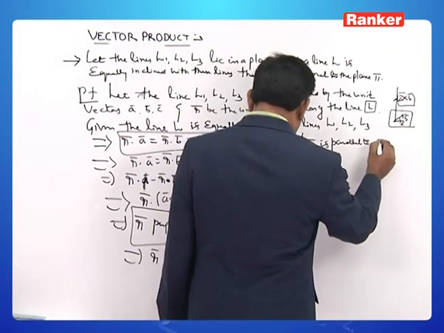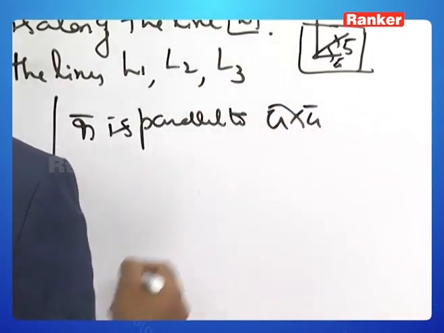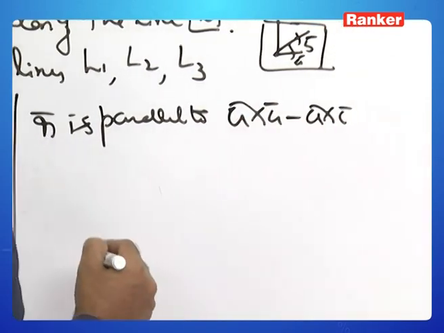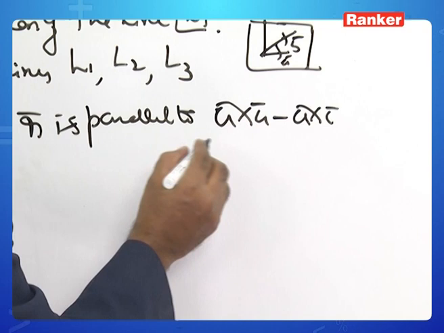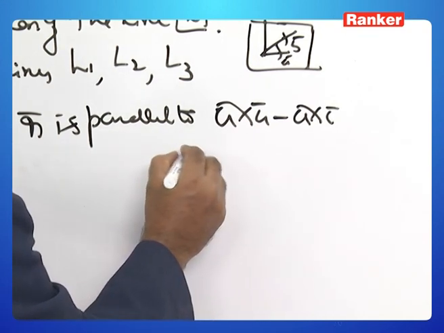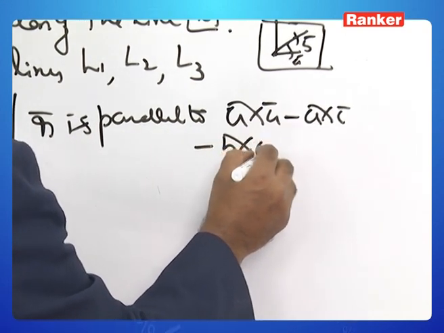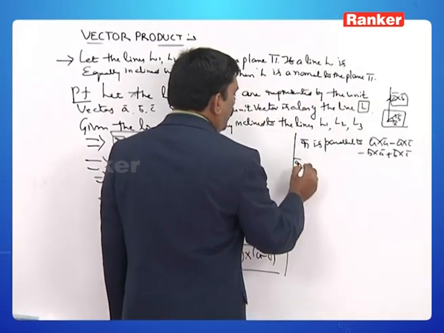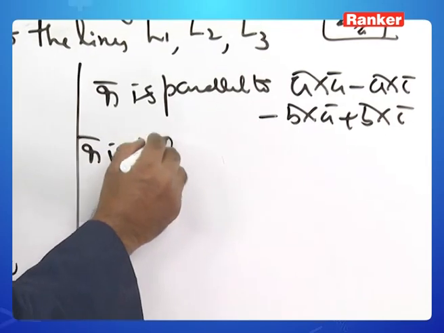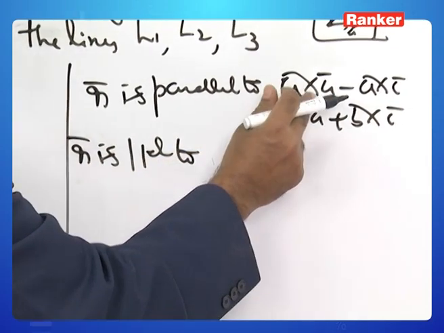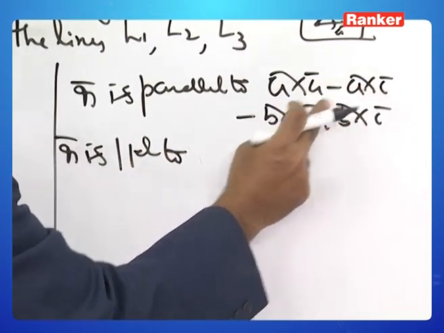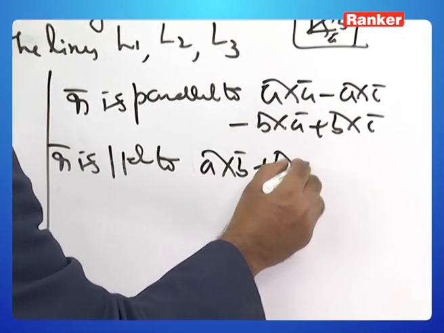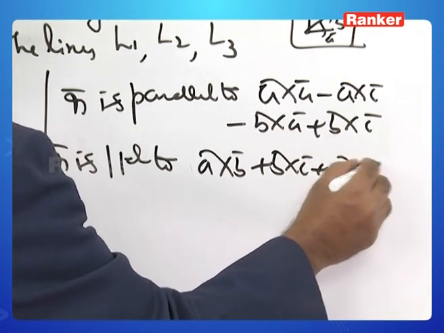Next, minus a cross c. Next, plus, I can write here, minus b cross a plus b cross c. Now this becomes 0. You change it as c cross a, you change it as a cross b. Therefore, a cross b plus b cross c plus c cross a, right?